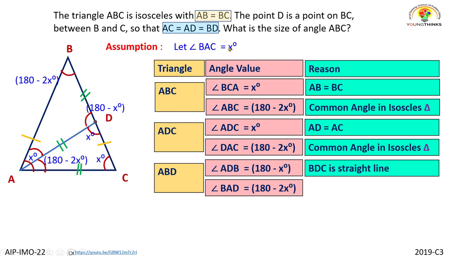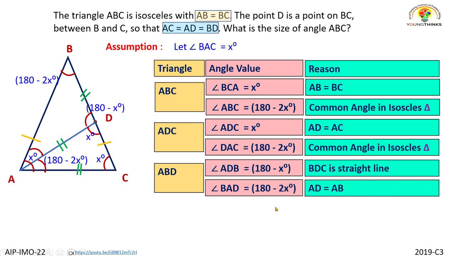We assumed BAC to be x. And BCA is also x because it's an isosceles triangle. So we were up to this point: this is 180 minus 2x, and that is also 180 minus 2x. Angle ABD and angle BAD both are 180 minus 2x.